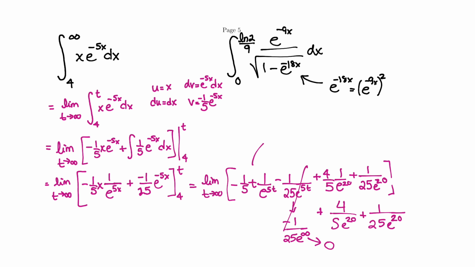So the only question left is, what is the limit as t goes to infinity of negative 1/5 t over e to the 5t? You notice when you plug infinity in, you get infinity over infinity, right? What is this limit? Is it 1? Is it negative 1/5? Is it 0? Is it infinity? What is it?